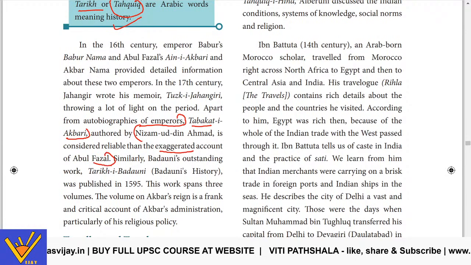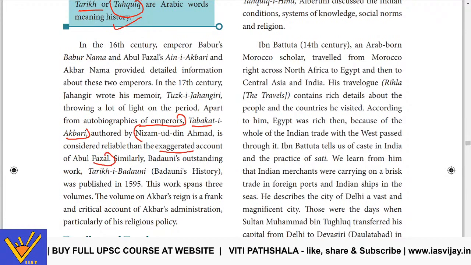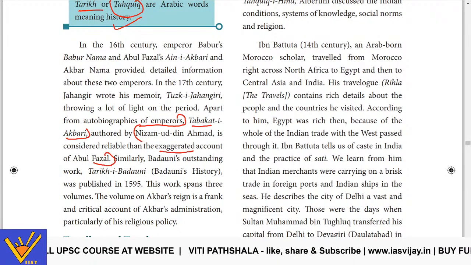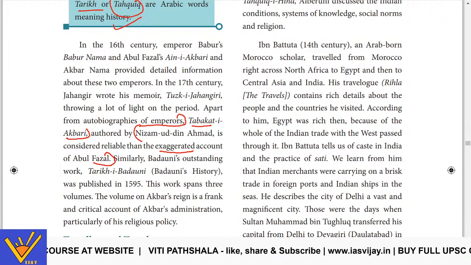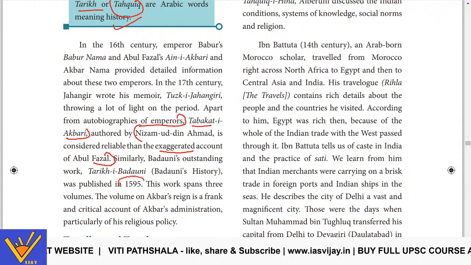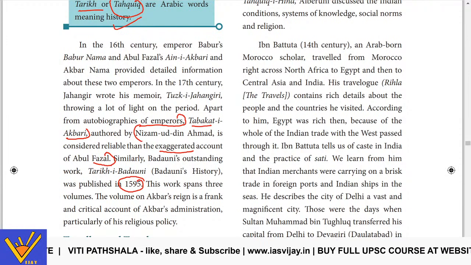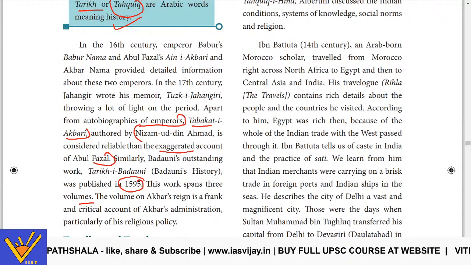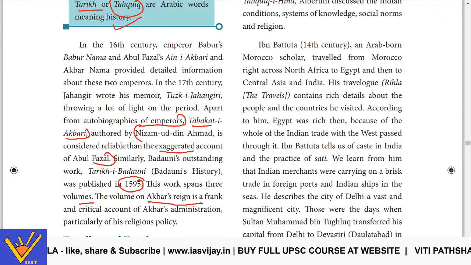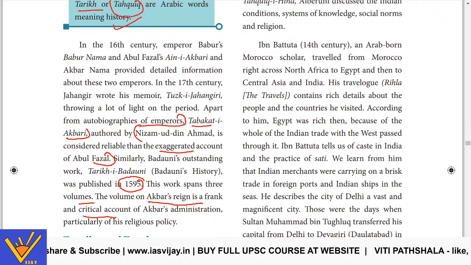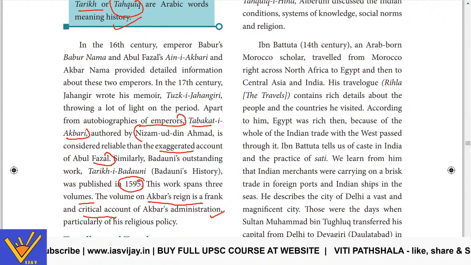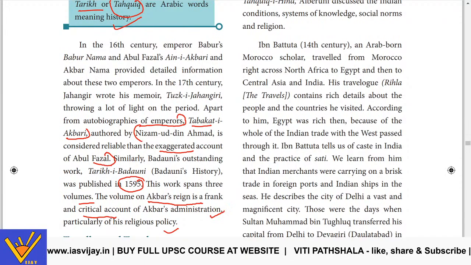Similarly, Badauni's outstanding work Tarikh-i-Badauni, Badauni's history, was published in 1595. This work spans three volumes. The volume on Akbar's regime is a frank and critical account of Akbar's administration, particularly of his religious policies.